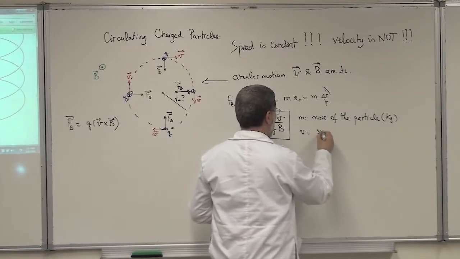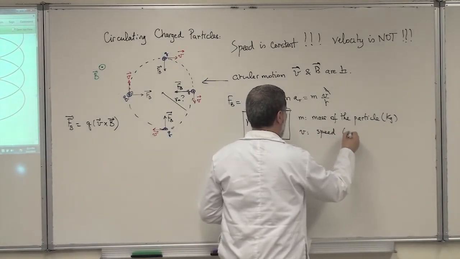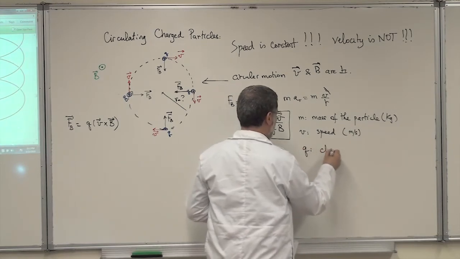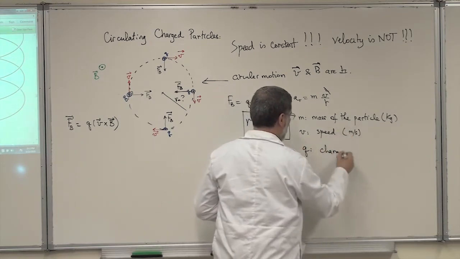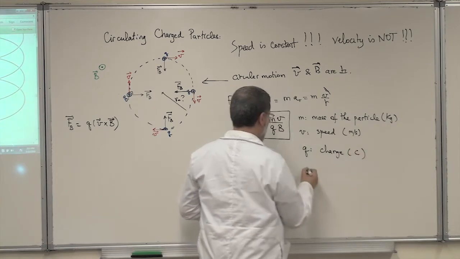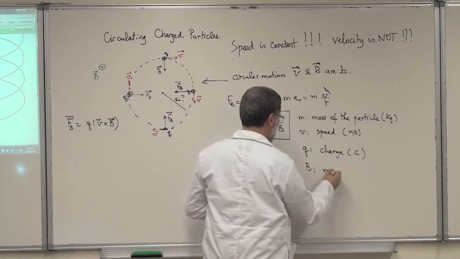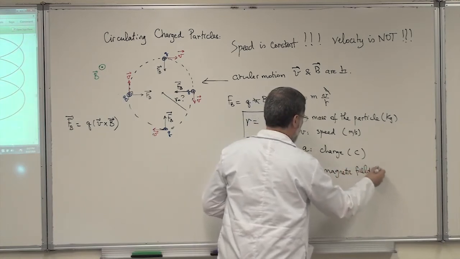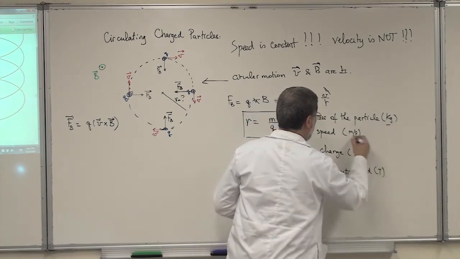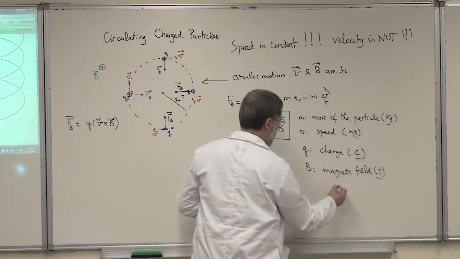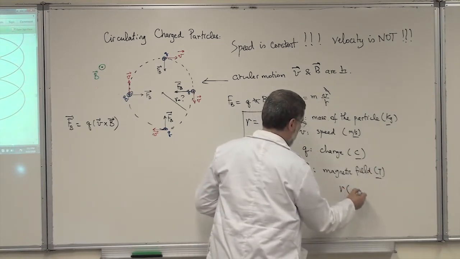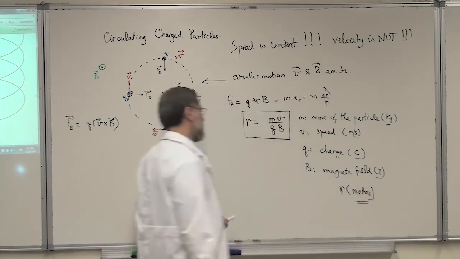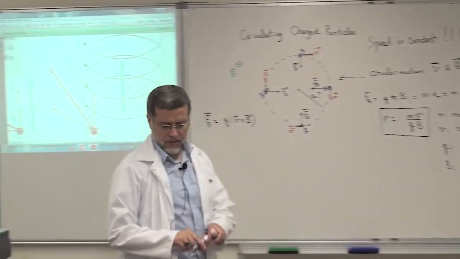V is the speed of the particle in meters per second, SI units. Q is the charge of the particle in Coulombs, and B is the magnetic field in Tesla. If you use these units, R will be in meters. That's the unit for the radius. It's a distance, in meters.